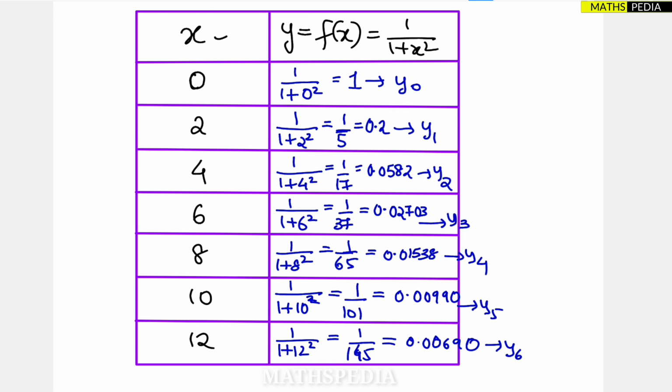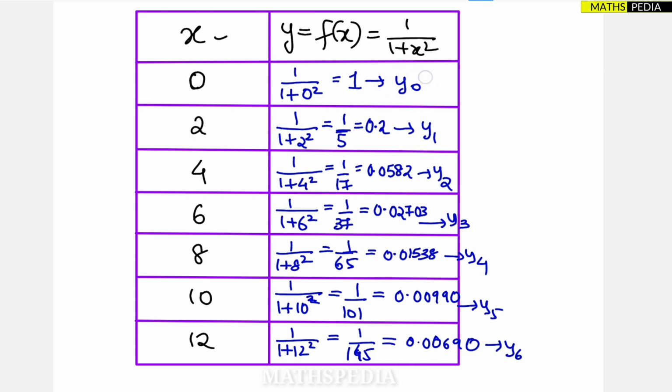Next, now that we have written the x values, corresponding y values we have to find. y is a function of x, which is given in the question as 1 by 1 plus x square. In place of the corresponding x values you substitute 1 by 1 plus 0 square, then 1 by 1 plus 2 square, 4 square, 6 square. Corresponding values you have to substitute. And remember, the first value you get corresponding to the x value is y0.